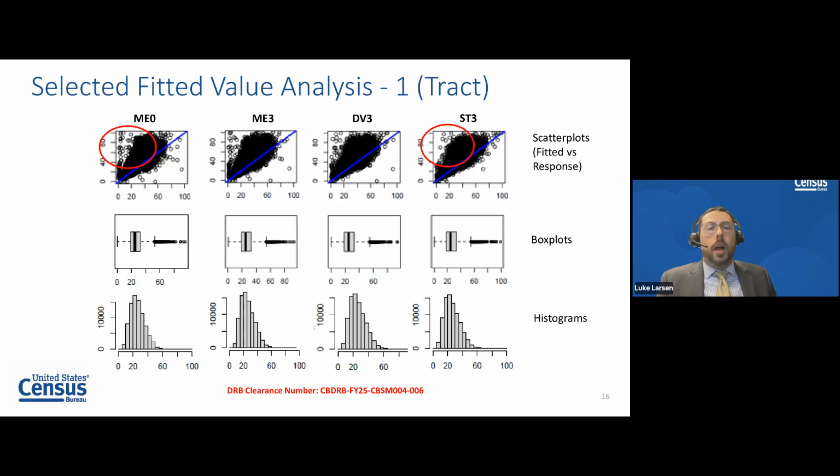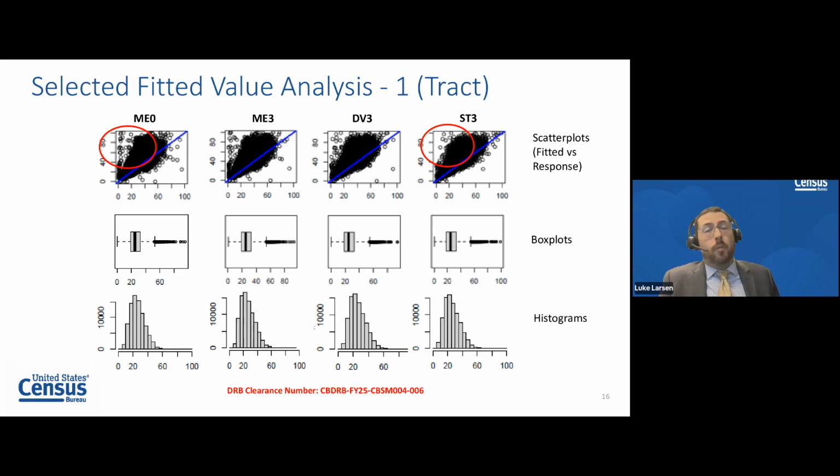Here are some visual aids showing fitted value analyses. I've got some scatter plots of fitted values versus the response variables on the top row, and then some box plots in the middle, some histograms of the fitted values down at the bottom. The main story being told here is that there's not a whole lot of overall change that you can see, particularly in the box plots and the histograms.